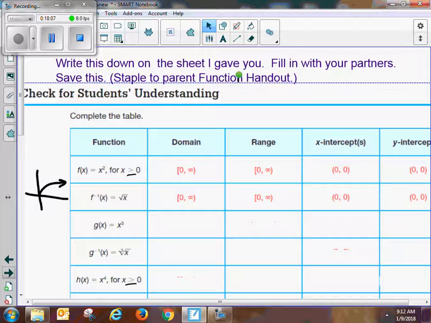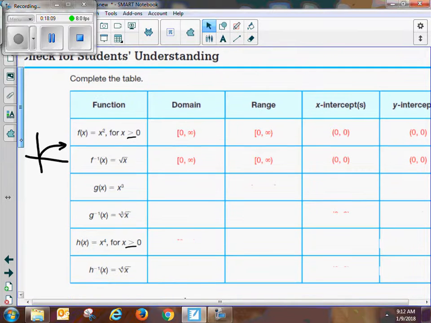Next, of course your eyes have to be open to see some of this. X cubed, so this was x cubed, no restrictions. What was your domain and range? Negative to positive infinity, or all real numbers. And where did it hit as far as an axis? I would like to hear a guy voice this time. 0, 0. Good.